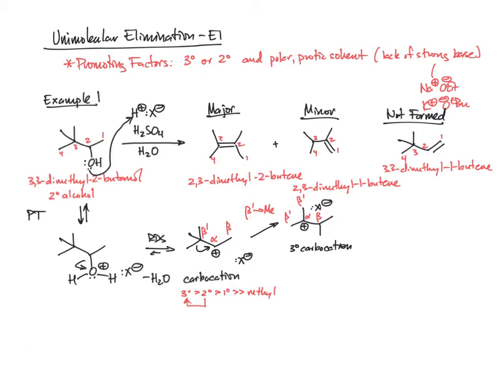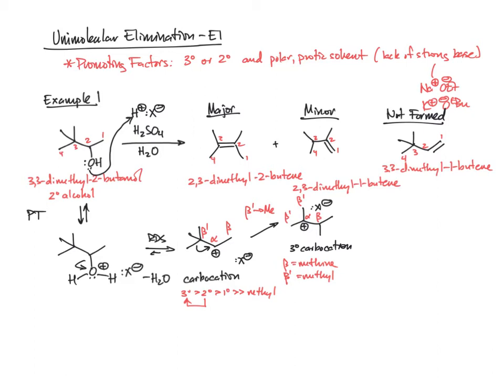So beta is not equal to the beta primes, obviously, because we have a methine. So beta equals methine, beta prime equals methyl. So the reason this is important is because we now have a choice. And the choice is basically determining what is the major and what is the minor products.